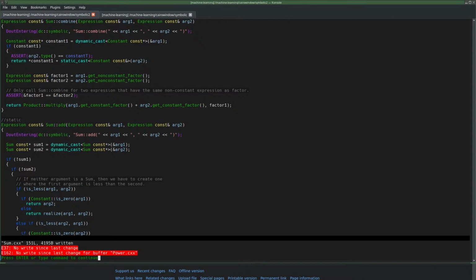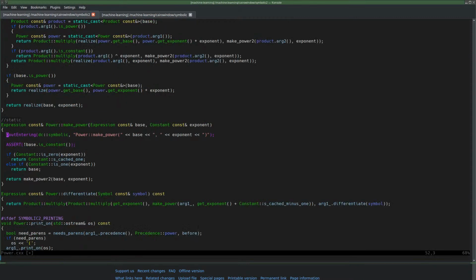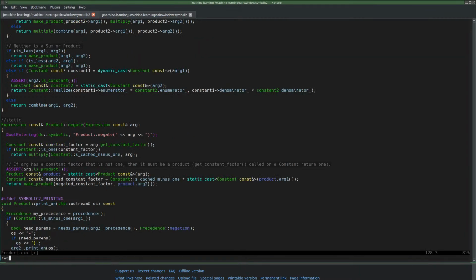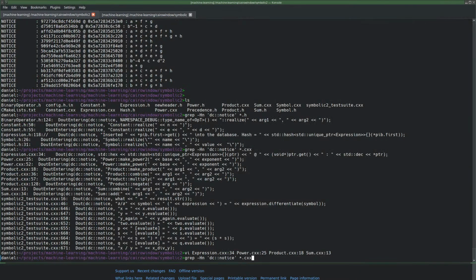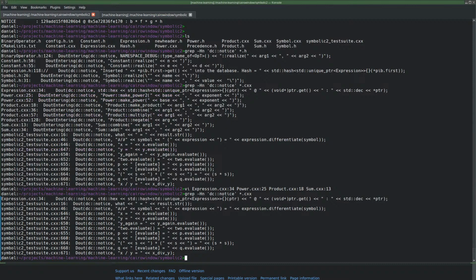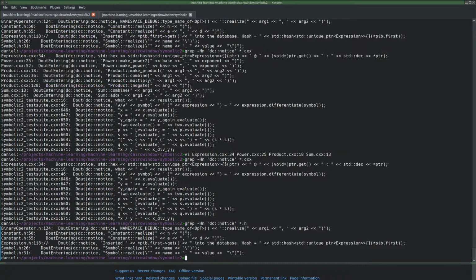Go to the last file. What the heck. Yeah, these have the old output still. Only edited the .cxx files apparently. Constant expression and symbol.